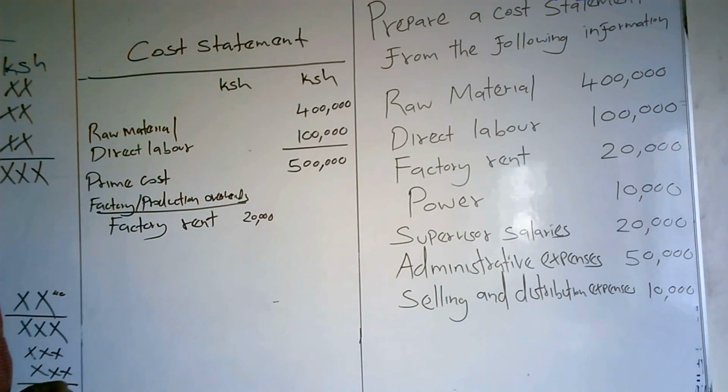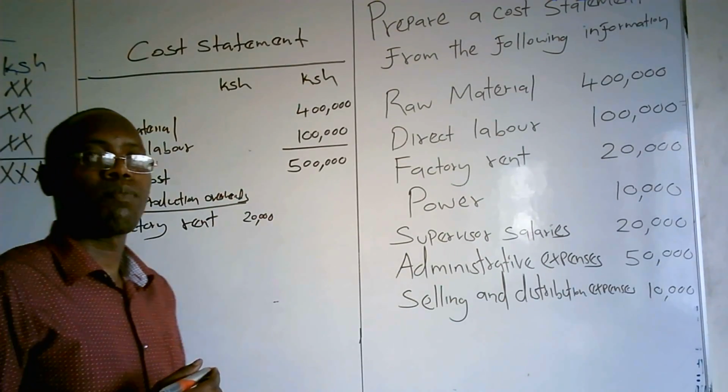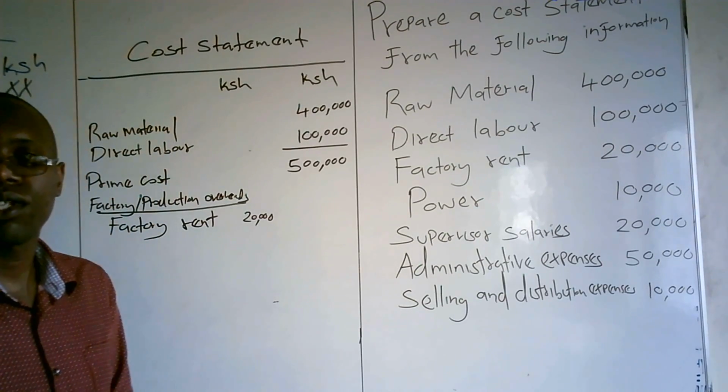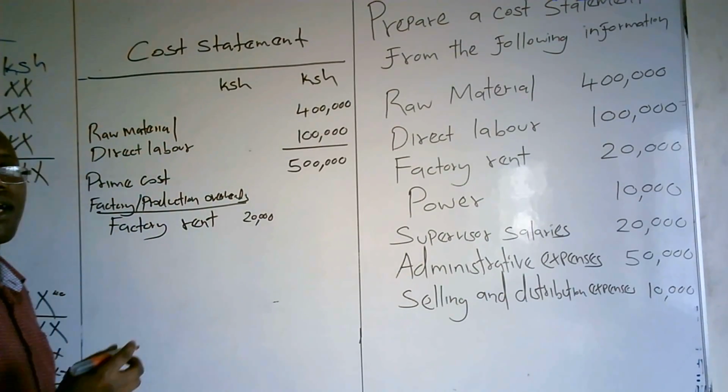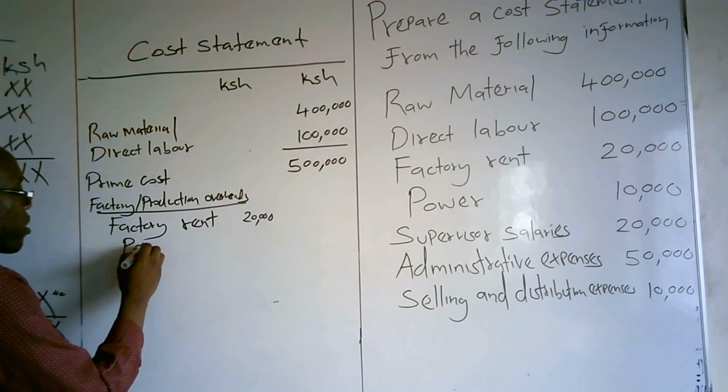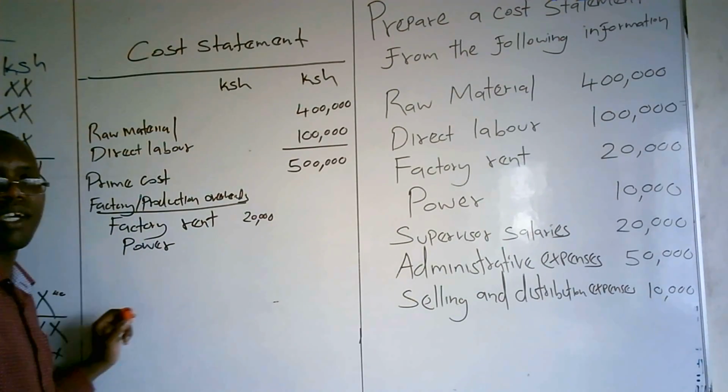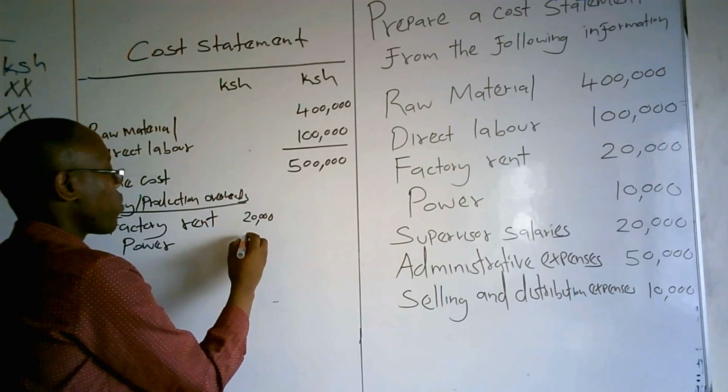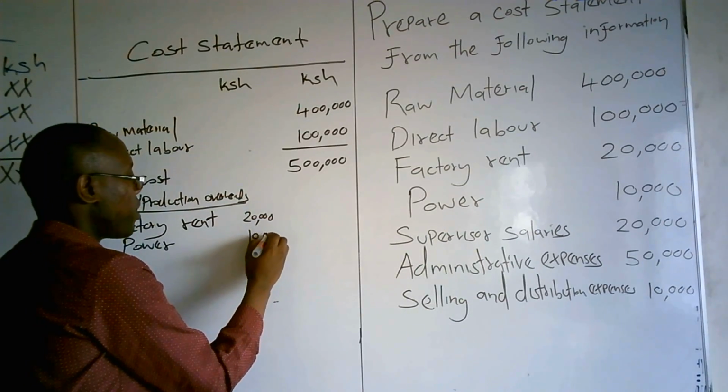And then you can see there is another factory stroke production overhead. We have the power, and the power is 10,000, so we are going to capture that 10,000.